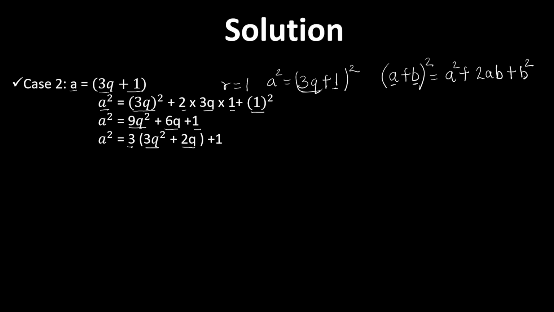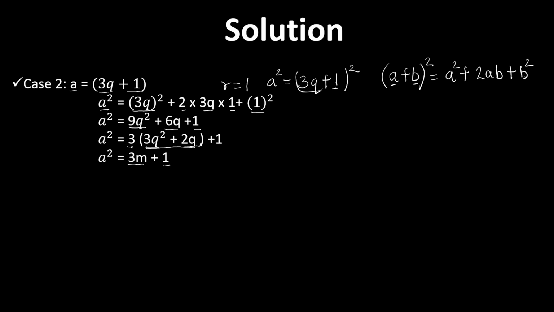This entire expression 3q square plus 2q can be substituted as m. So we finally write a square equals 3m plus 1. So in the second case, we observed that the square of any positive integer can be written in the form of 3m plus 1.